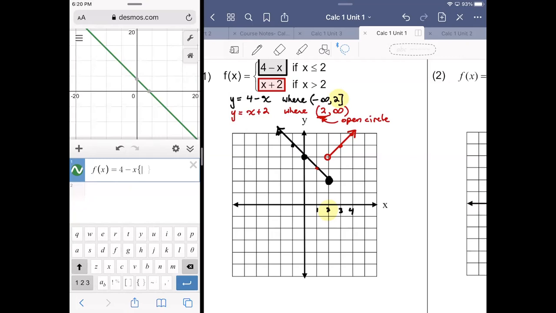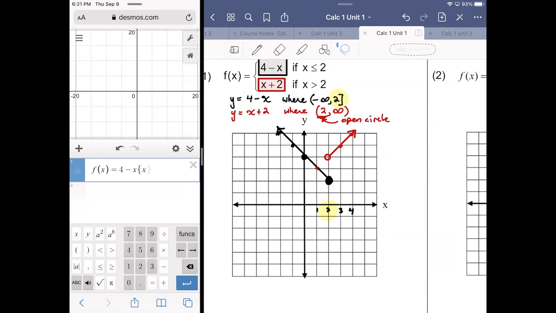I go into the keyboard, and notation-wise, it's going to feel wrong because you say, well, what does that squiggly bracket apply to? Just the x, the whole thing? Desmos understands that once you open a squiggly bracket, what you're about to write applies to everything that precedes it. All right, so x less than or equal to 2, and then it truncates the graph for you, and now you have the first piece.